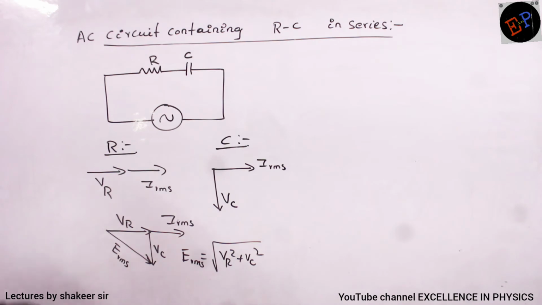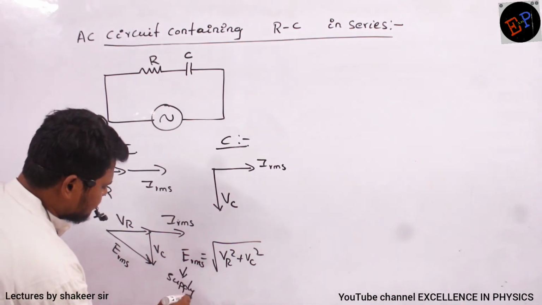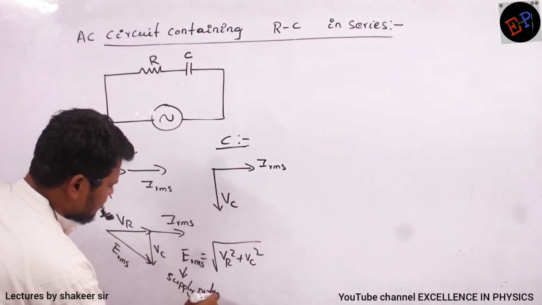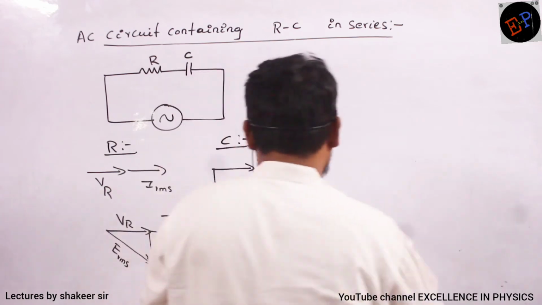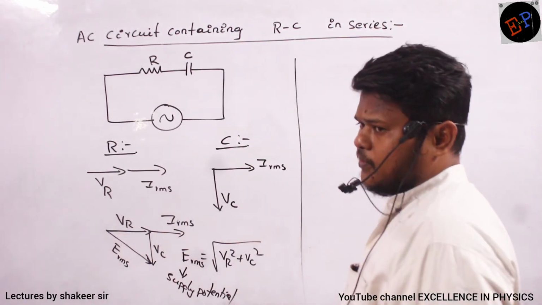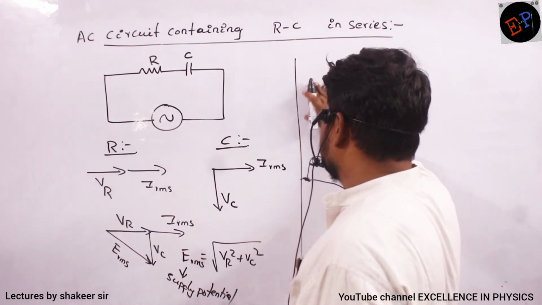Clear? And what is this ERMS? This is the supply potential which you should give. Supply potential. Clear? Now from the same supply potential, if you remove current, then what happens?